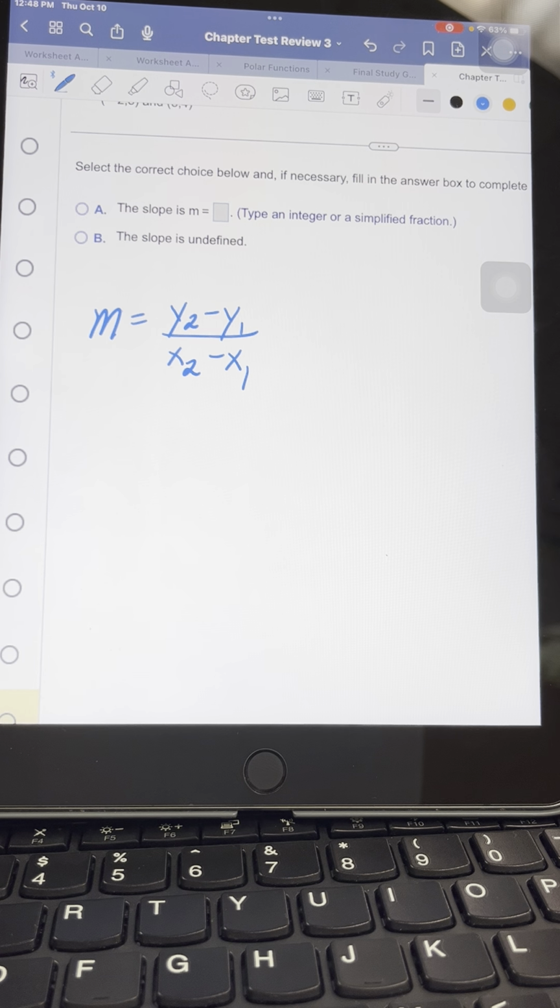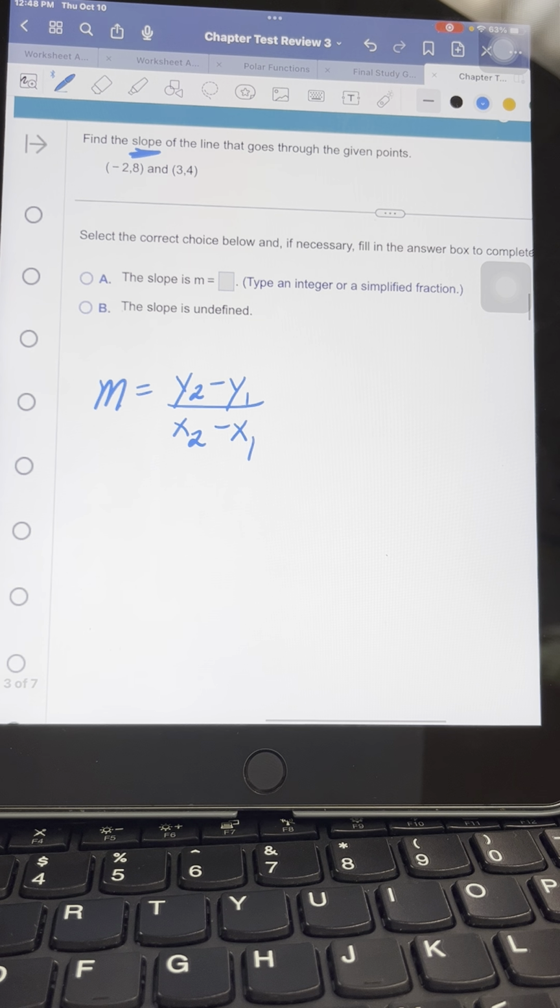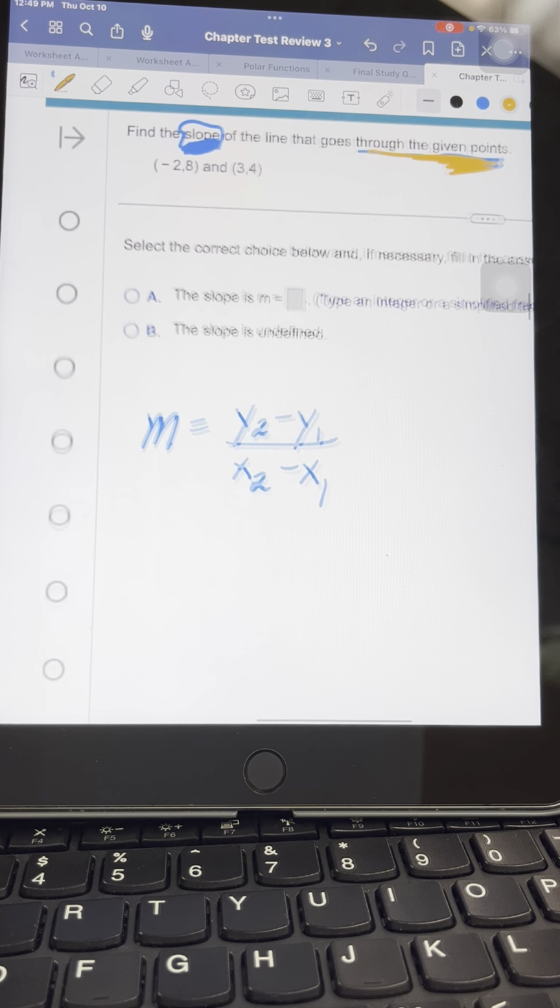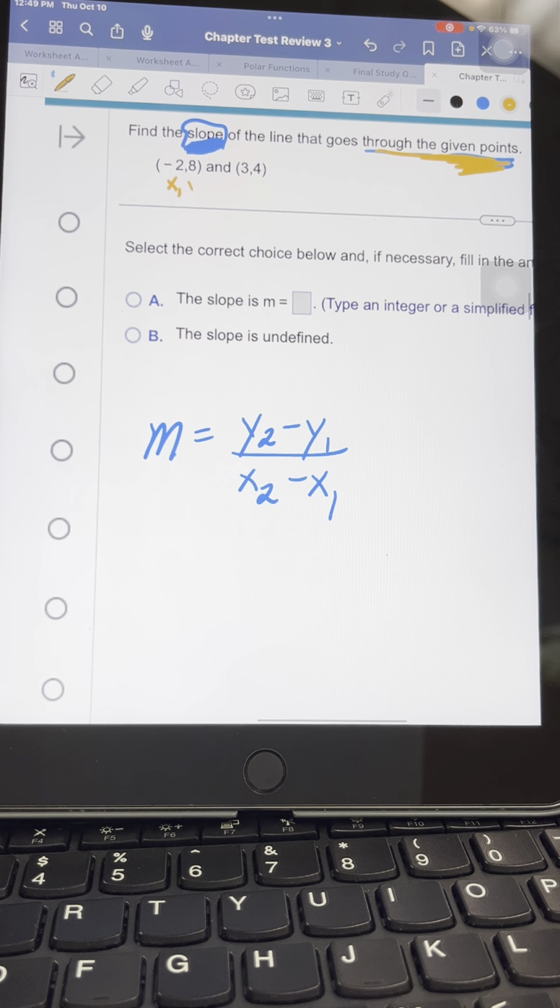I wrote down what I know, which is slope. It's asking to find slope, and I know how to find slope. It gave me the given points, so I'm going to label these x1, y1, x2, y2.